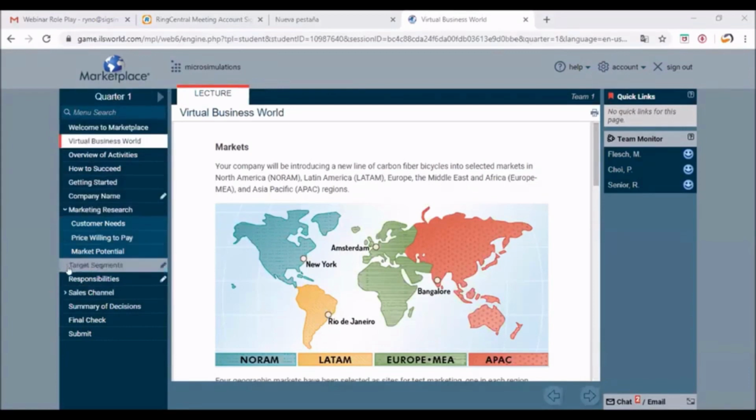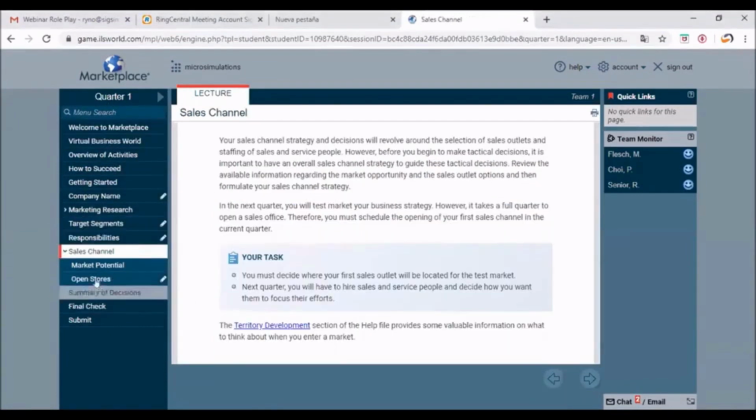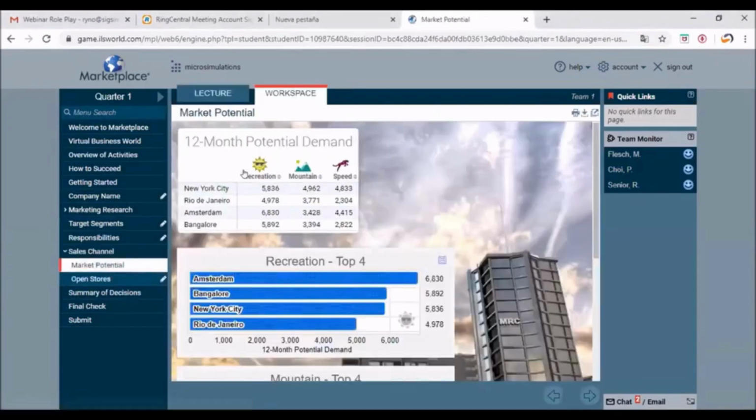Following the taskbar, as we've gone through, we've gone down to the task list, and now I'm going to go to sales channel and take a closer look at the market potential guide that we were just looking at, evaluating the different segments. I'm now going to focus on the 4 cities that we are considering entering.